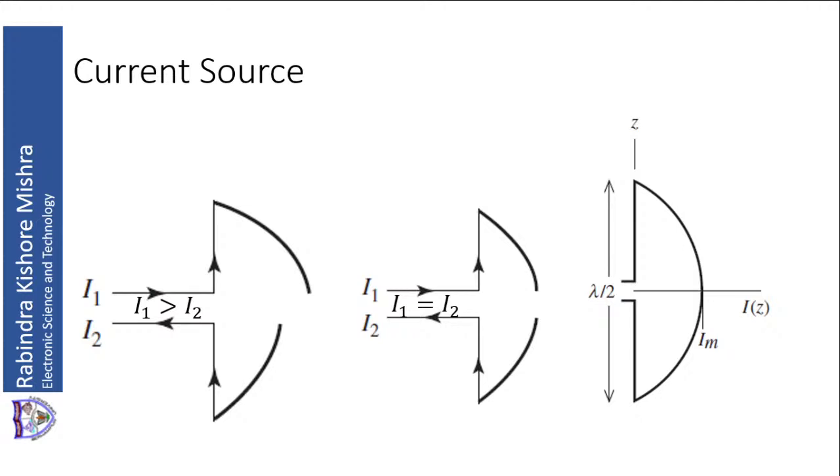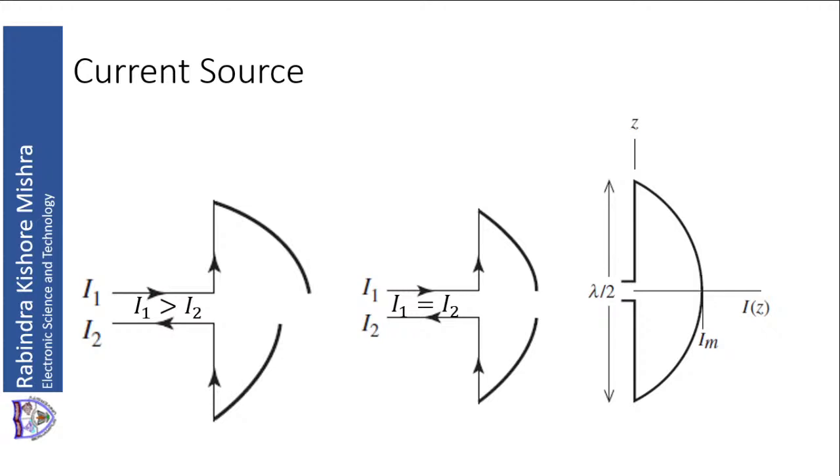Theoretically it should be 0, and at the center it should be maximum. So at the center we have the maximum current, therefore at the center we have Im. As you go away from the center towards the end, the current goes from Im maximum to 0. Gradually at the end it becomes 0.